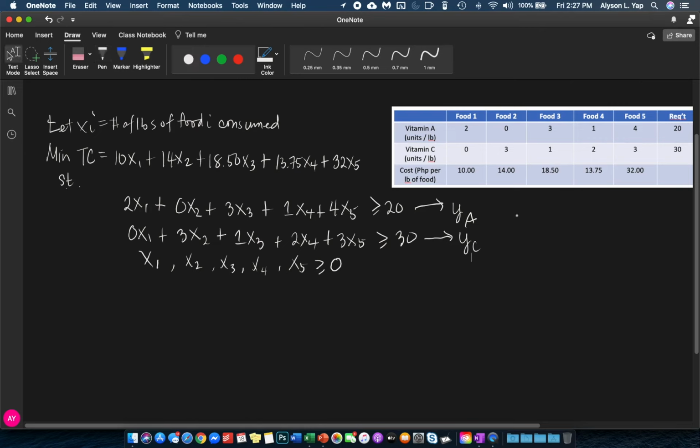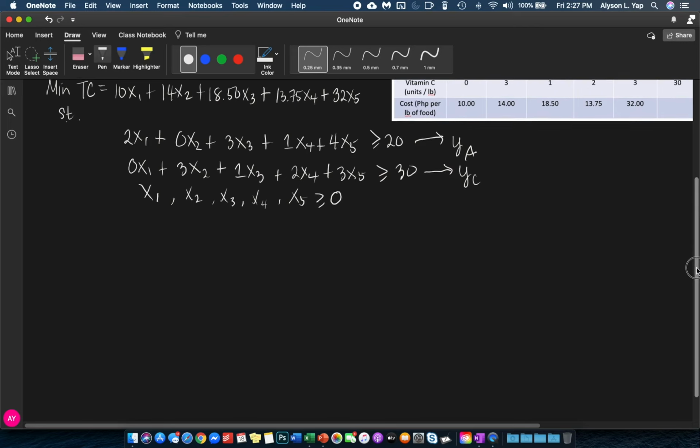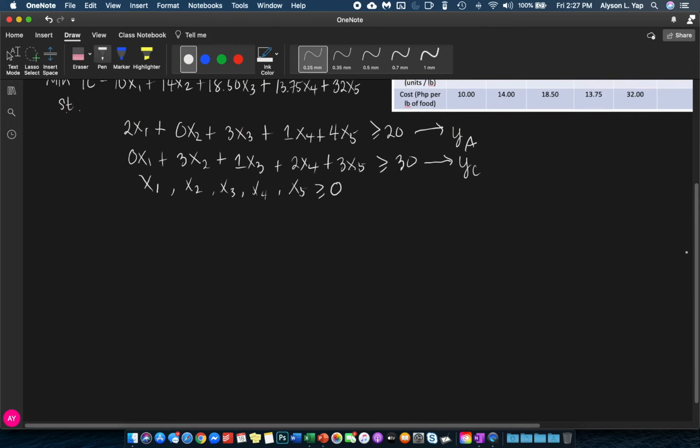And secondly, remember that for every primal variable, and in this case we have 5 primal variables x1 to x5, we will have the corresponding dual constraints, and therefore we will have 5 dual constraints. Okay? So let us now formulate our dual problem.